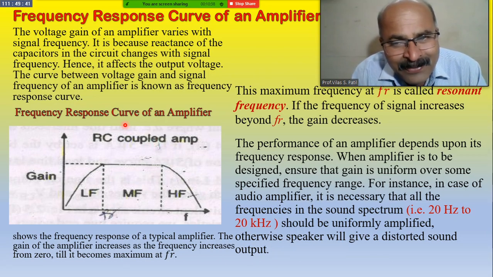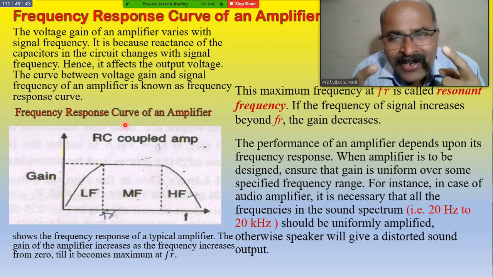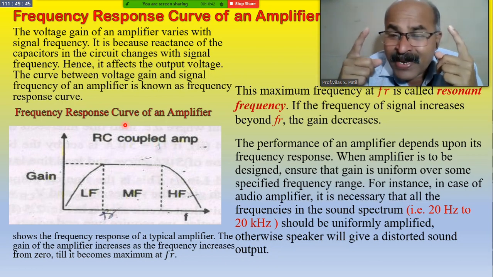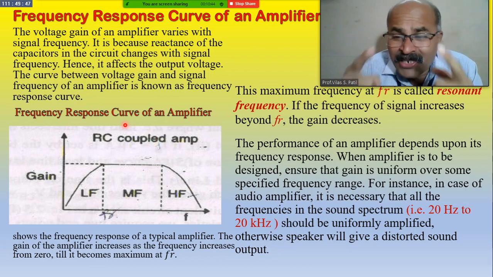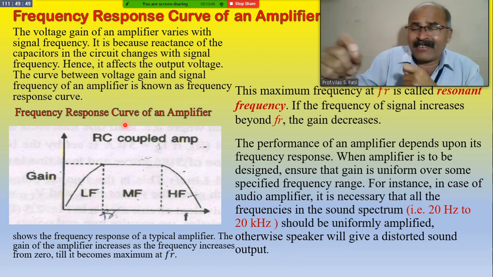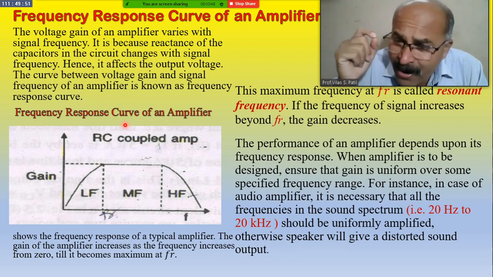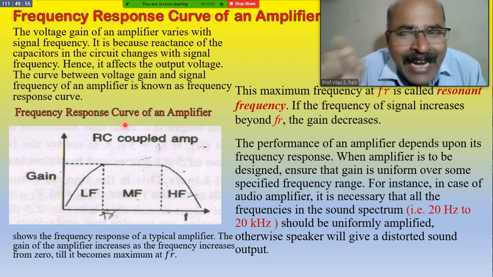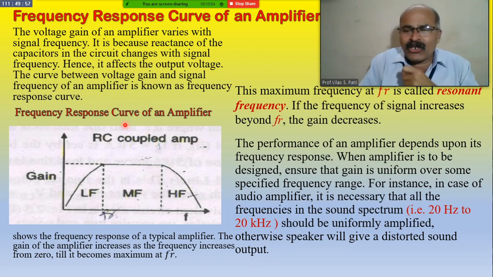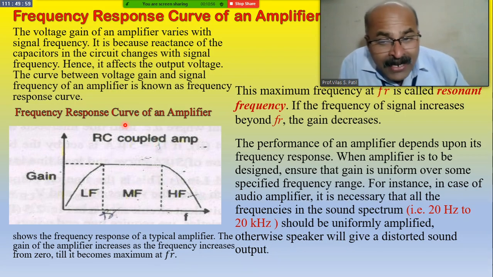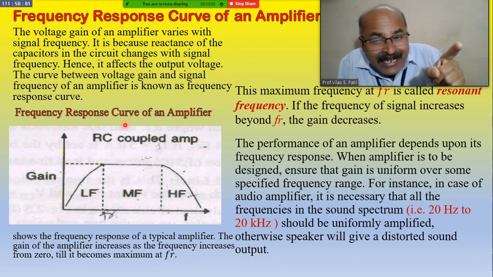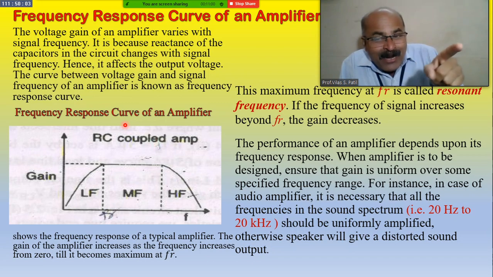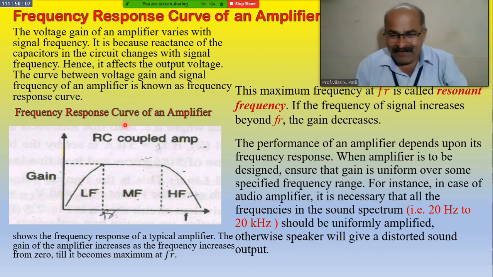And to decide which mode of the transistor amplifier is the best, which is the standard, which has the high utilization in the electronic industry, that will be tested and confirmed by the frequency response curve of that amplifier.